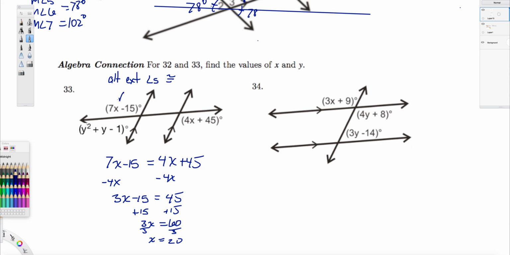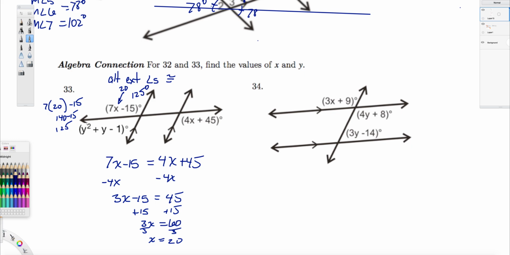So let's put 20 in for x here so we can get an angle. So 7 times 20 is 140 minus 15. Okay, so this angle right here is going to be 7 times 20 minus 15. 140 minus 15 is 125. So this angle is 125 degrees.